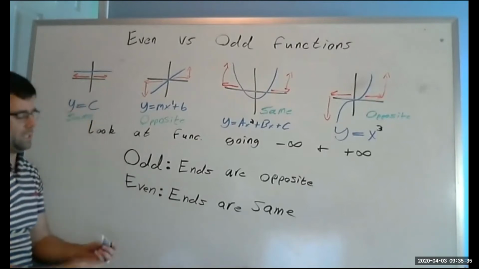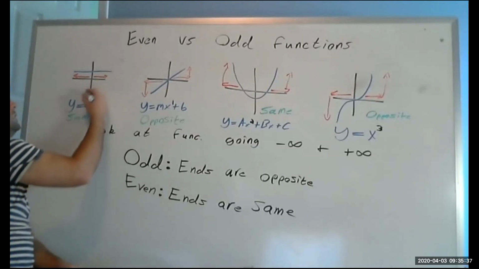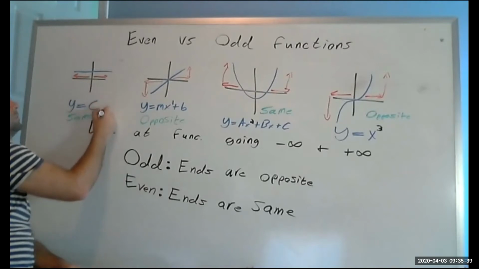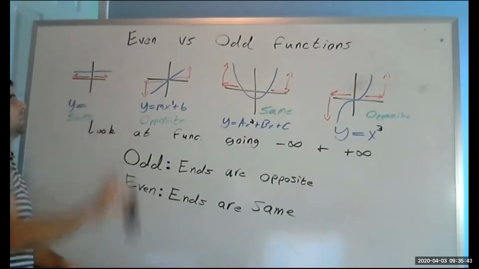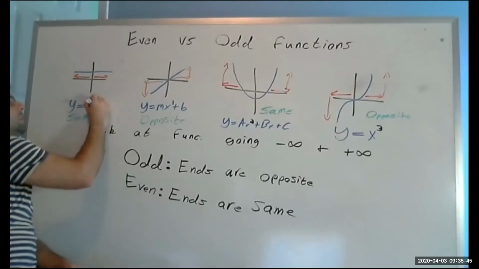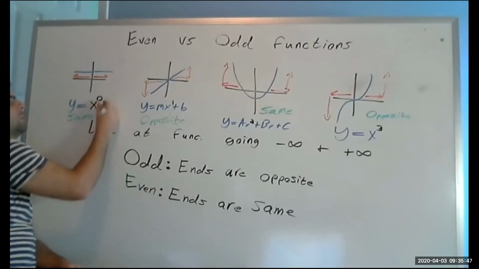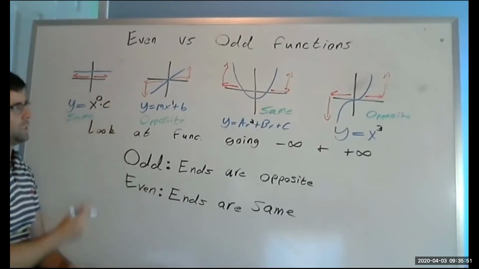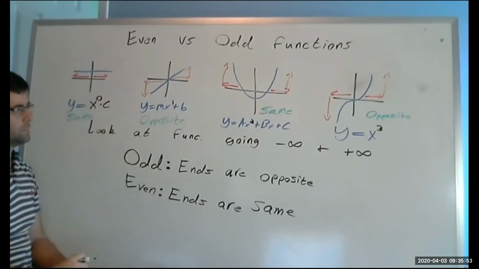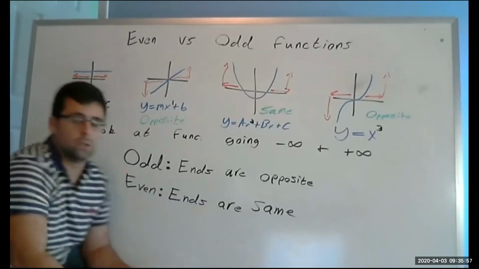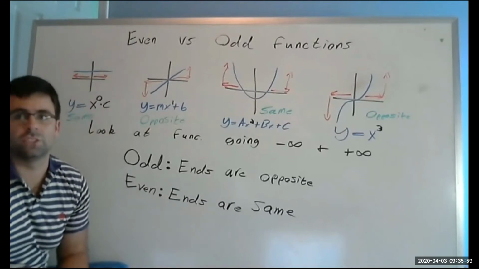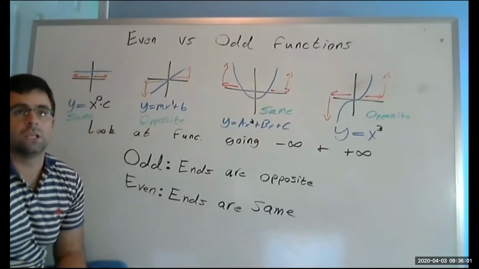So in this context, we call this, because this is actually x to the 0 times c, so this one is even. This is how you tell graphically whether a function is even or odd.